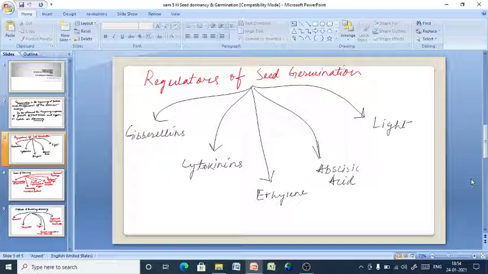Now, cytokinins or kinetin. This also can induce germination in positively photosensitive seeds like lettuce. Actually, the naturally occurring cytokinins are usually found in the tRNA or transfer RNAs, located near the anticodon.